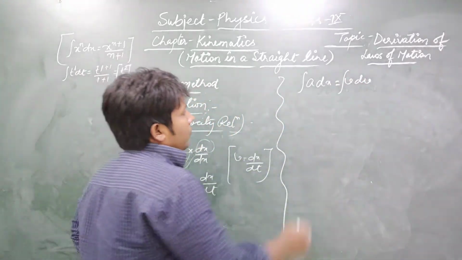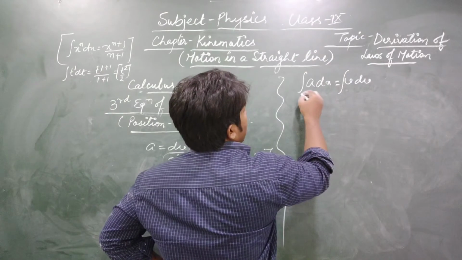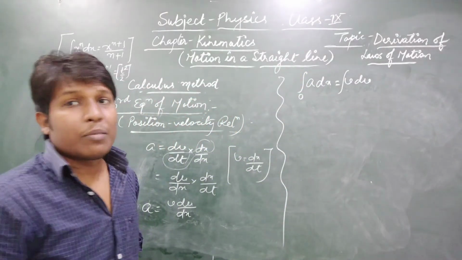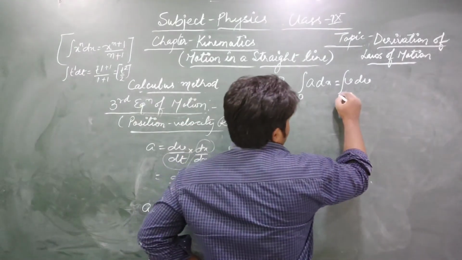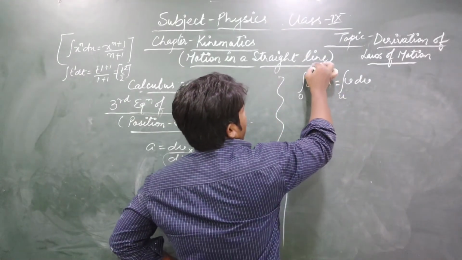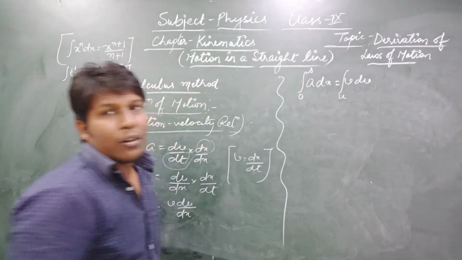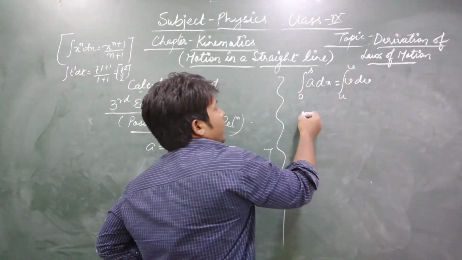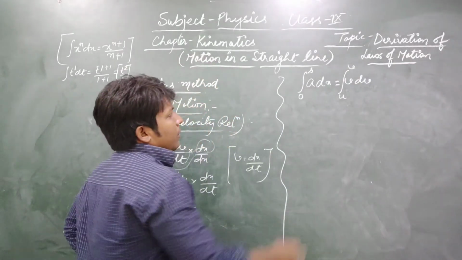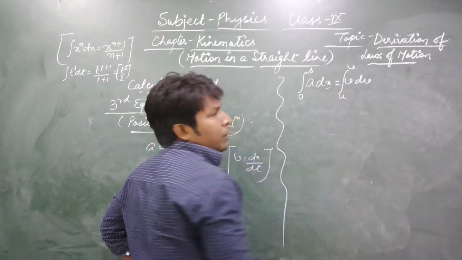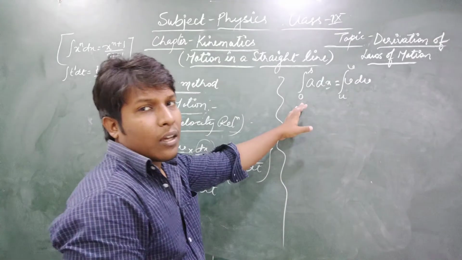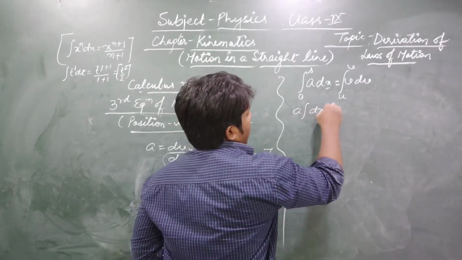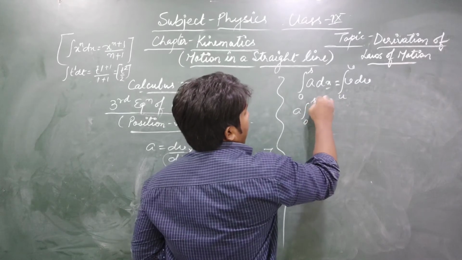Got that? Here when displacement was 0, velocity was u, and when it covers a displacement of s, it has a final velocity v. So guys, it is integrating with respect to the displacement, so acceleration will be constant and will come out of the integration, so it will be simply dx, 0 to s.